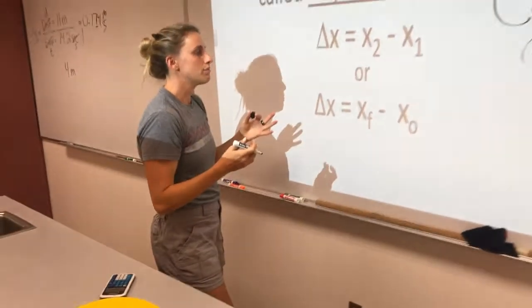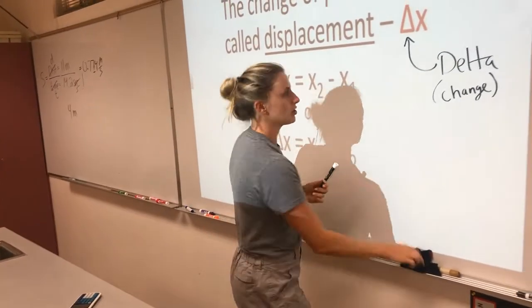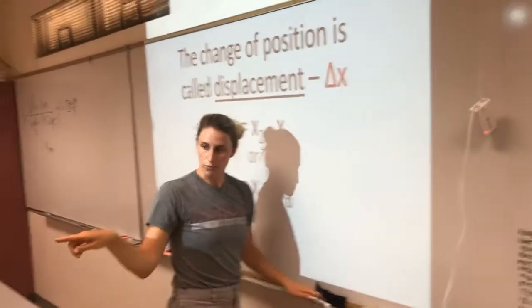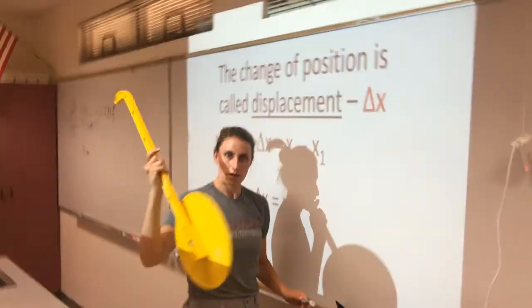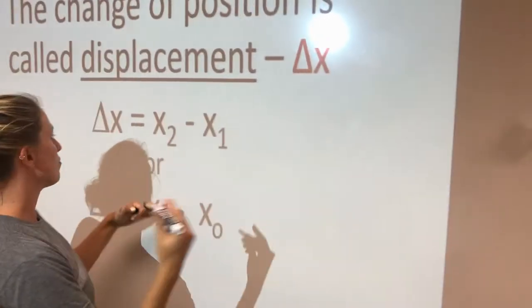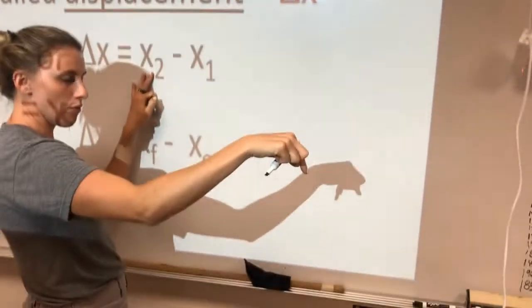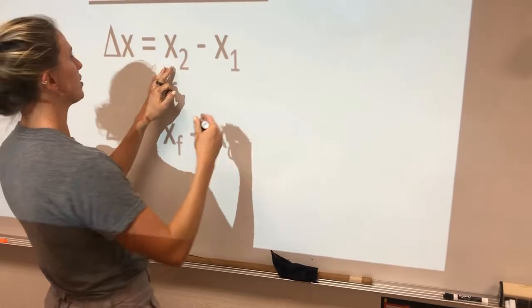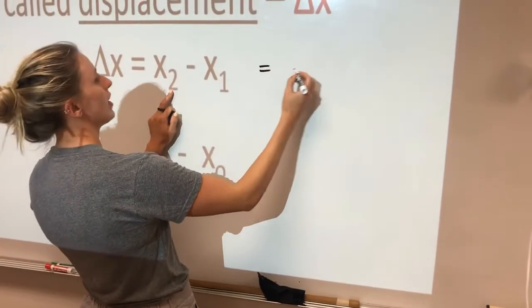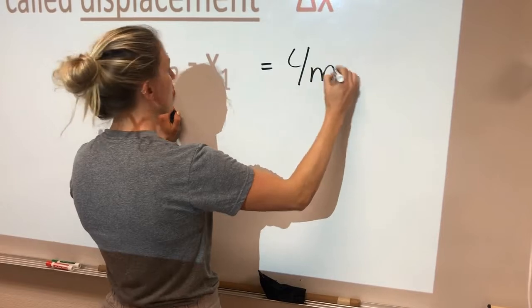So for example, I'm going to erase this real quick so I've got more room. What we did previously: we know that I walked 4 meters. So I started at 0, and I walked 4 meters. So my second x, x2, was 4 meters.